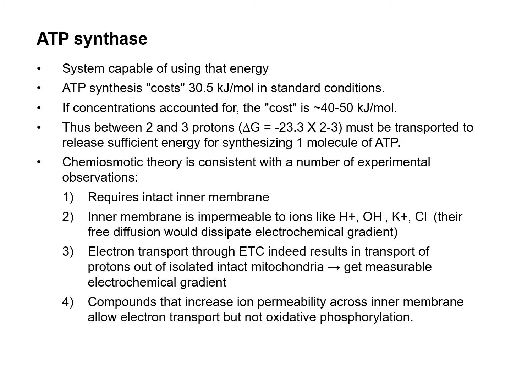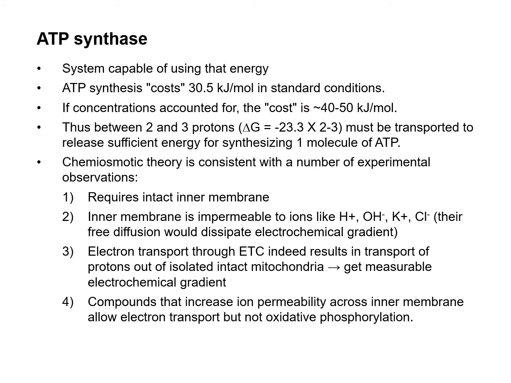In the isolated intact mitochondria, they measured how the electron is transported and how much of the proton is pumped out, and indeed found that there's such an electrochemical gradient set up there, and the numbers that they measured are quite consistent with the numbers that we got from these theoretical values.